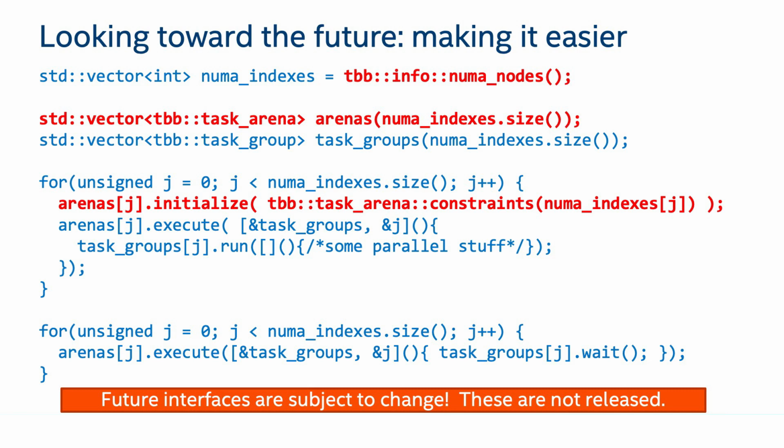So here we have a vector of task arenas, and we create one per NUMA node, and we know how many NUMA nodes we have because of this info interface. And then we can execute work in the arenas, but before that, we can initialize them with a constraint. So we say arena J, all the threads that are in arena J will be bound to NUMA node J. So all of those things that we had to do manually with TBB before, there's going to be a more user-friendly interface for doing that.